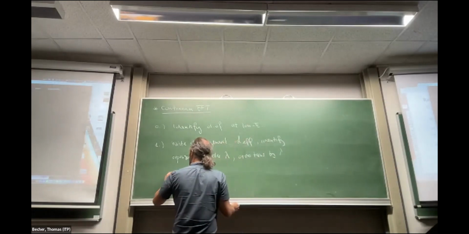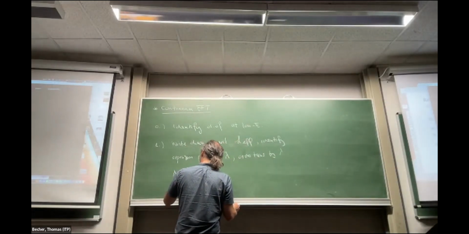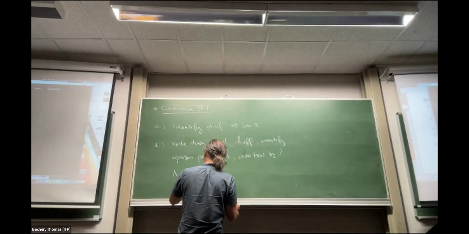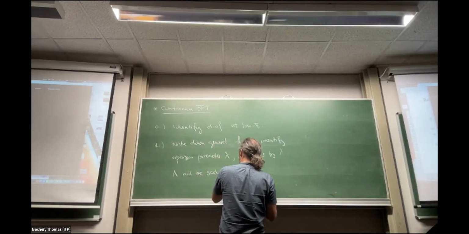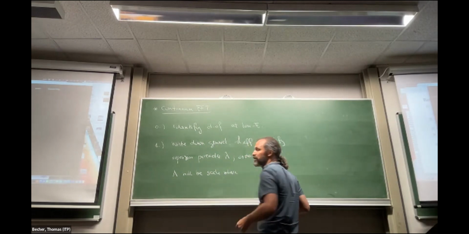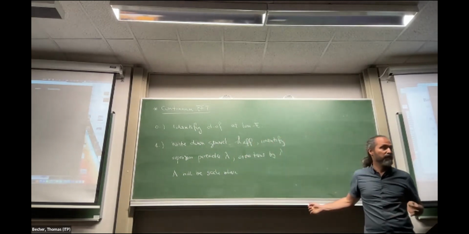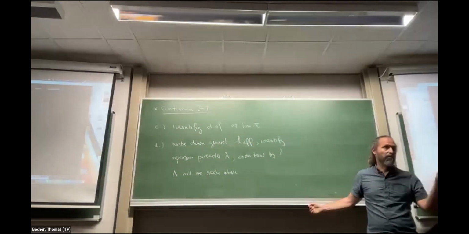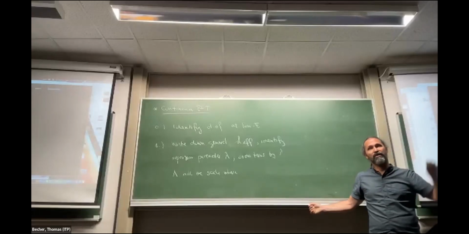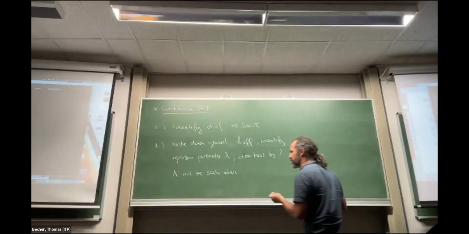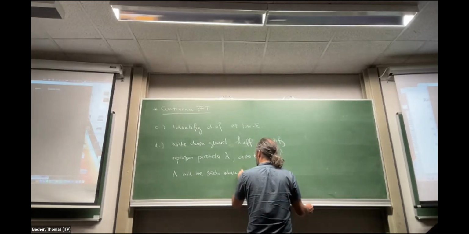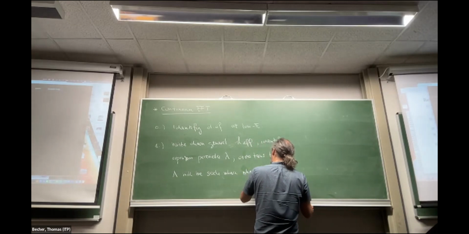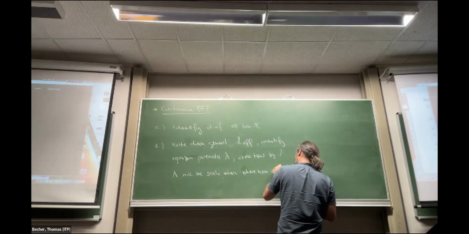It will be the scale where some new degrees of freedom will come into play. In this Fermi theory, lambda will be the W mass, because if you go up to energies like the W mass, you start producing W's. So new degrees of freedom enter.